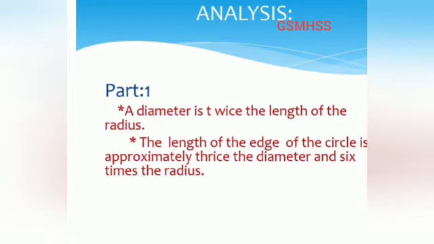So the circumference of the circle is equal to thrice the diameter, and the circumference of the circle is 6 times the radius. Why? Because the diameter is twice the radius.